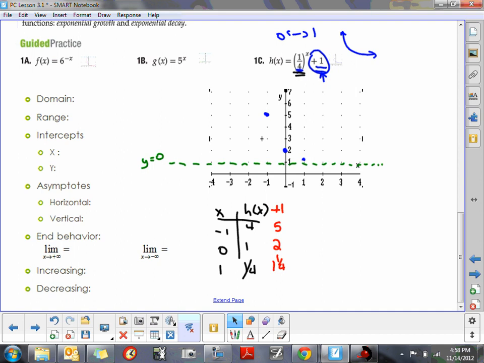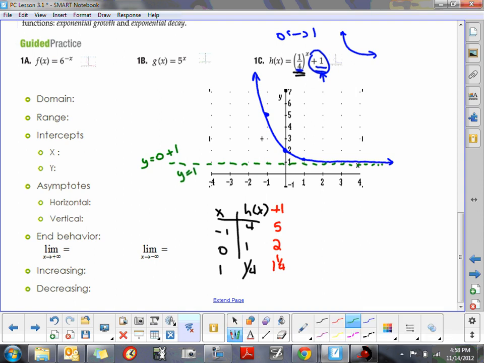That gives us another feature that we need in order to graph this exponential function correctly. So it's coming from high to low, sweeping down. It's going to go right along our horizontal asymptote at y equals 1. This changed from y equals 0. We have to add 1 because of the vertical shift, so it's at y equals 1.